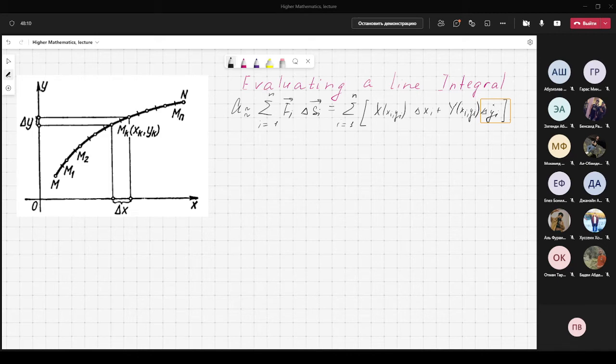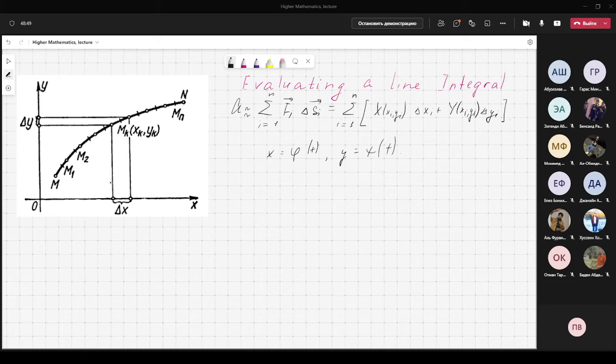And in this connection we shall make more precise the concept of the line integral and indicate a method for calculating it. Let a curve L be represented by equations in parametric form: x is phi of t and y is psi of t. Consider the arc of the curve MN as in the figure.